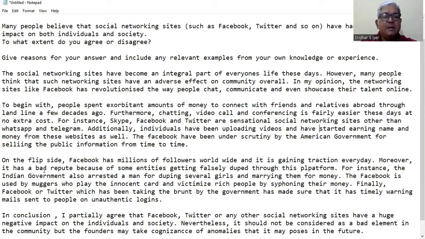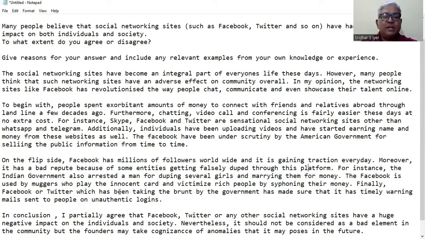Moreover, it has a bad repute because of some entities getting falsely duped through this platform. For instance, the Indian government also arrested a man for duping several girls and marrying them for money. Facebook is used by muggers who play the innocent card and victimize rich people by siphoning their money.